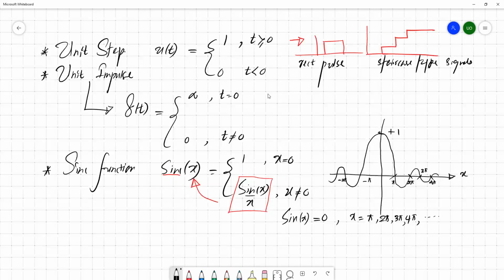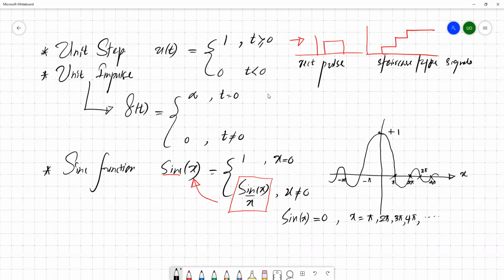So we can clearly identify where this sinc function gets 0 values, the zero crossing points. Sine x is 0 when x is π, 2π, 3π and so on, so you can easily identify the crossing points.